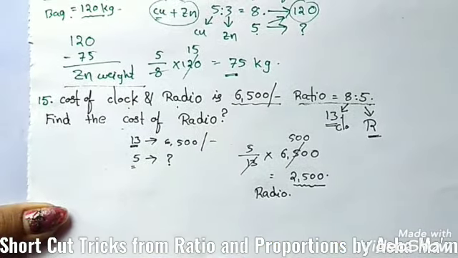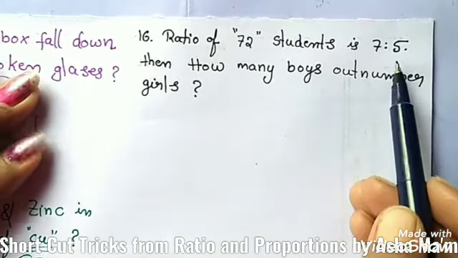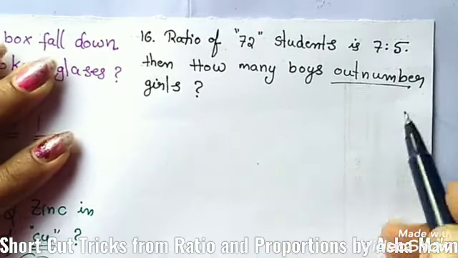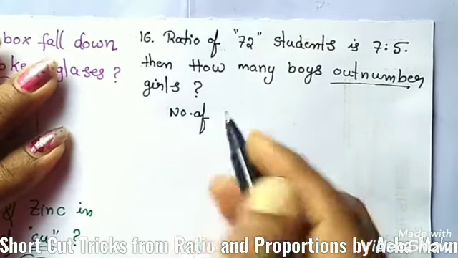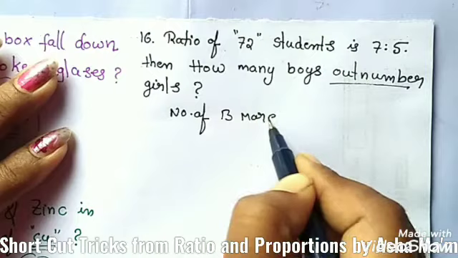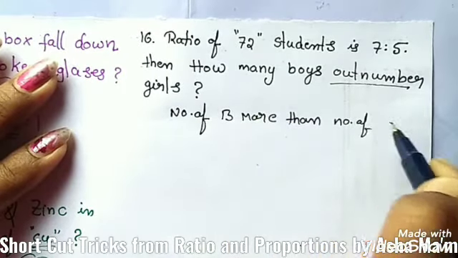Let us see question number 16. Ratio of 72 students is 7:5. Then how many boys outnumber girls? Means we have to find the number of boys more than the number of girls.